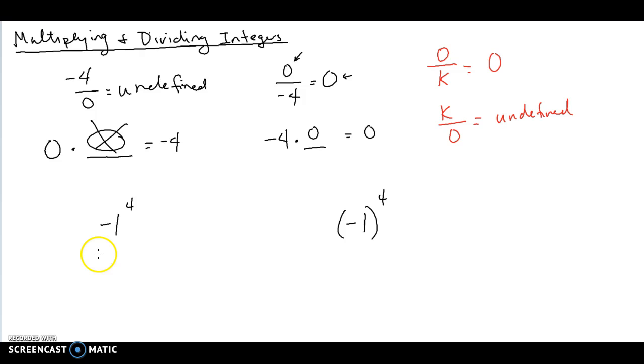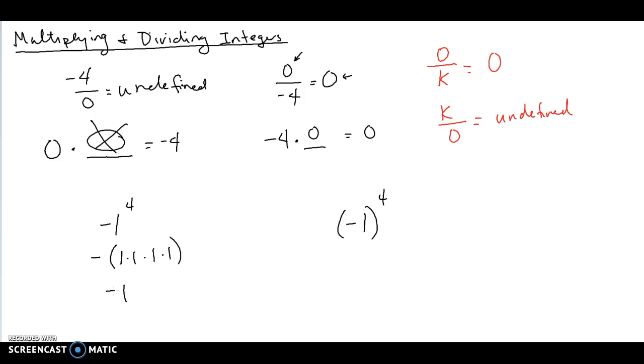If I write that out, we keep the negative, and this really is saying we're doing 1 times 1 times 1 times 1. Well, 1 times 1 times 1 times 1 is just 1, but we have to keep the negative. So they intentionally put the negative out front without parentheses to say we want to make this problem negative.